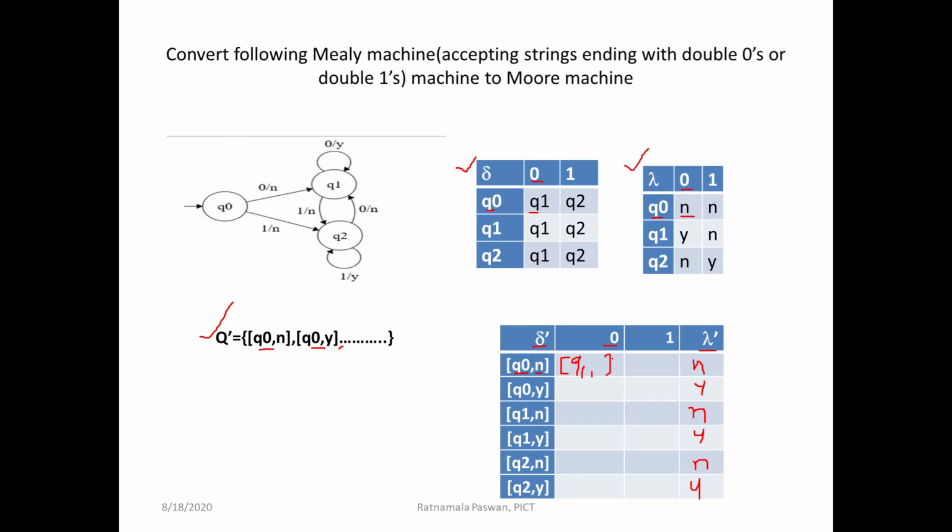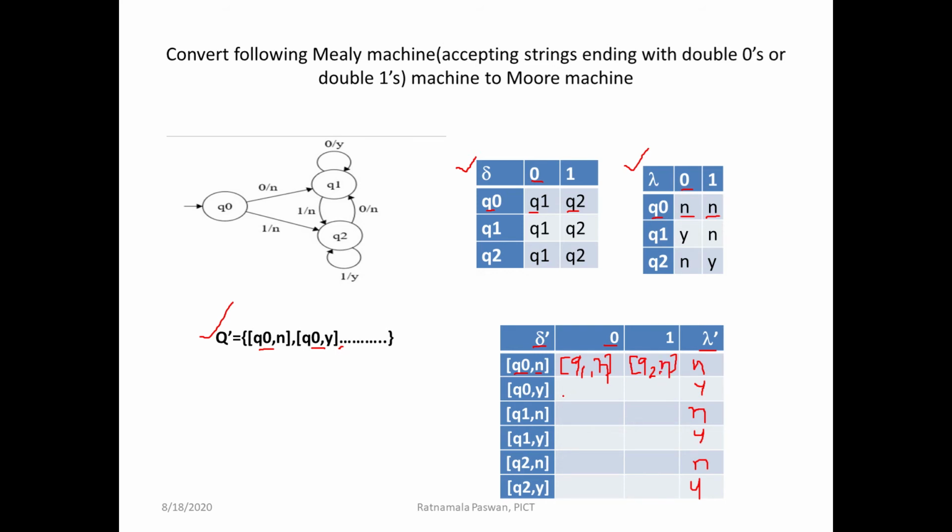It is N. So we just copy here Q1 comma N. From state Q0 on input symbol 0, the next state is Q1 comma N. Similarly, you can find what the next state is on input symbol 1. We refer to the state function: Q2, and the corresponding output is N. So we get the next state Q2 comma N. Similarly, you can find all the remaining entries.